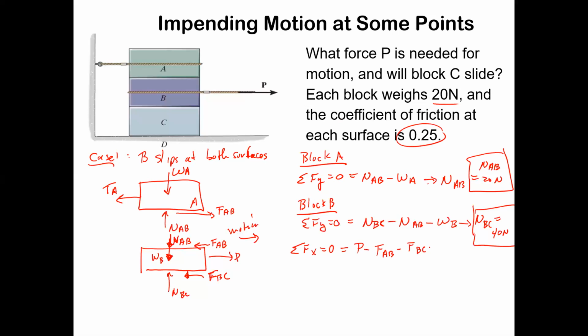Okay, but what are F_AB and F_BC? Well, if we're at impending motion, those forces are at their limits, right? And so F_AB is going to equal mu times N_AB, which is going to equal 5 newtons.